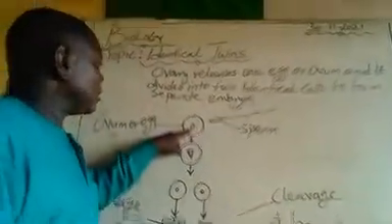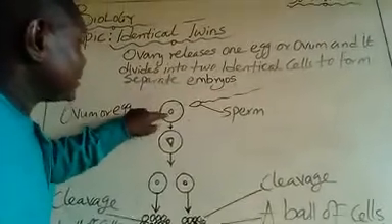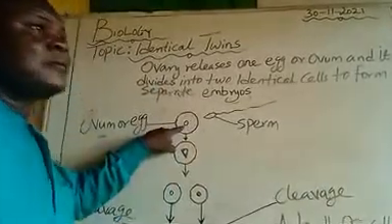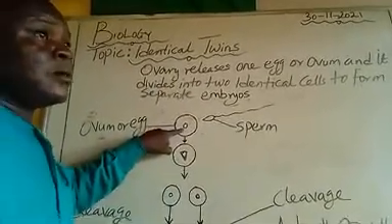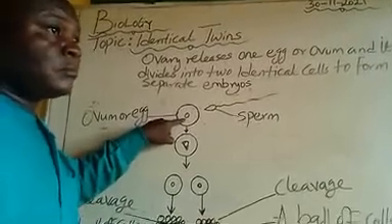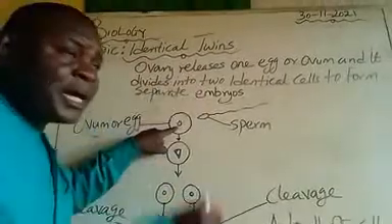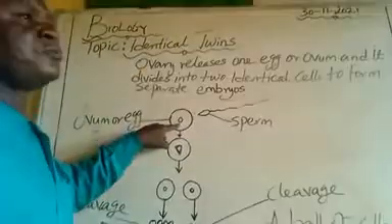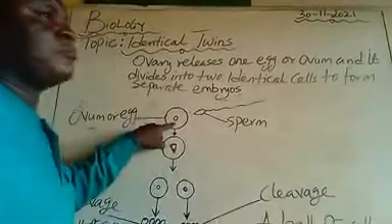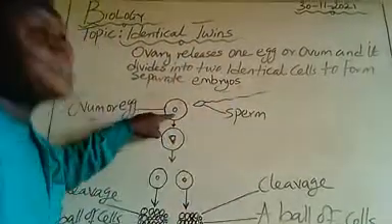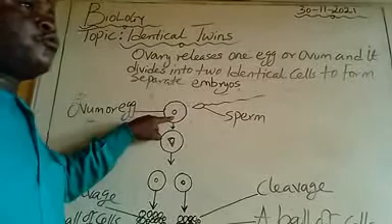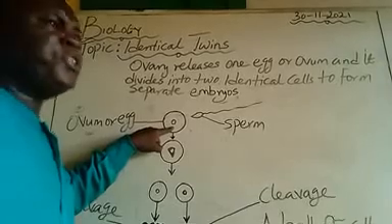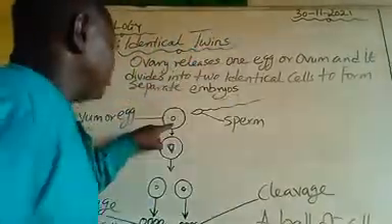Deoxyribonucleic acid contains molecules which contain hereditary information in a code form.